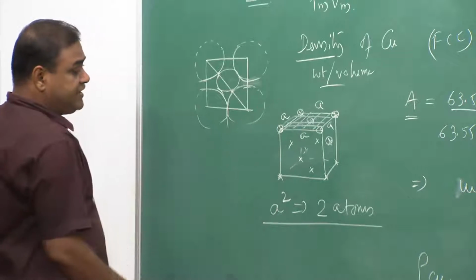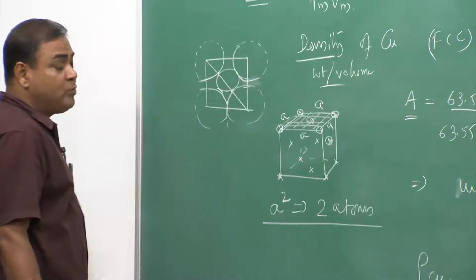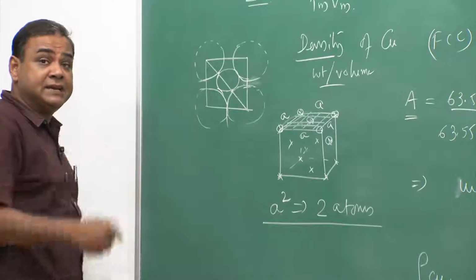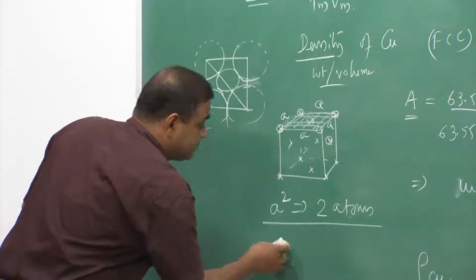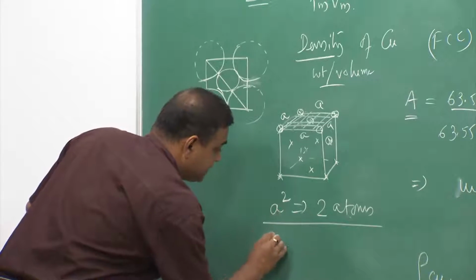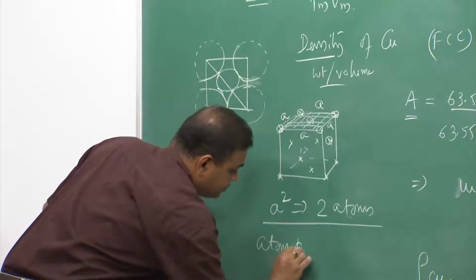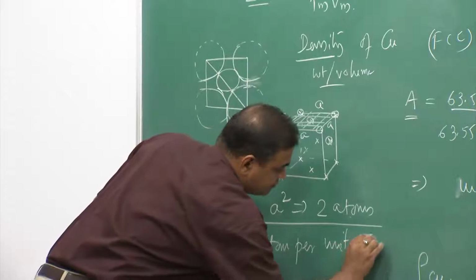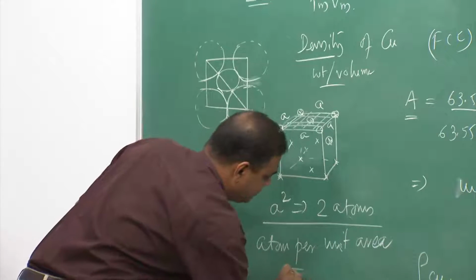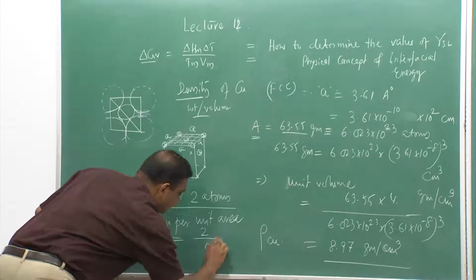So, we can find out what is the density of that plane, or how many atoms would be there per unit area. So, atoms per unit area would be 2 divided by a square.